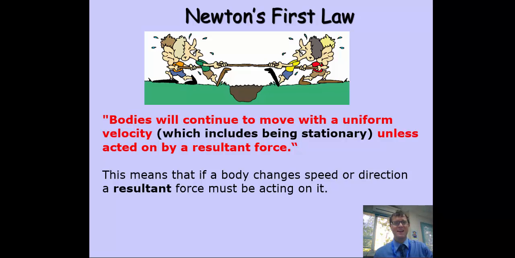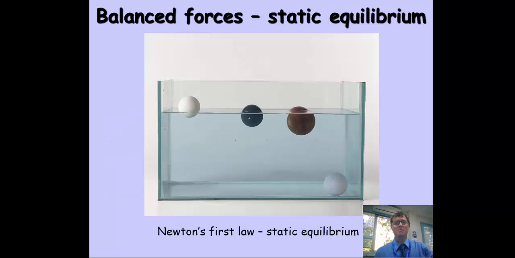Let's think about static situations here. Balanced forces in a static equilibrium. We see these four balls, each of them in a static situation. They're not moving in any way. The first three balls will be undergoing the force of weight, and there'll be an equal and opposite force which is upthrust, and therefore they're floating.